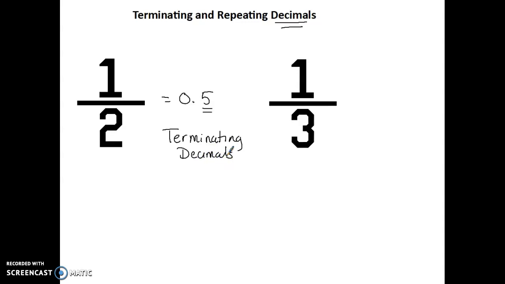If they don't end, like 1/3, when you plug that into your calculator, you're going to see that you get 0.333, and it goes on and on and on. We can write that as 0.3 with a little line over it because it's repeating. This is called a repeating decimal when it goes on and on and on. If it ends, it's a terminating decimal. If it repeats, it's called a repeating decimal.